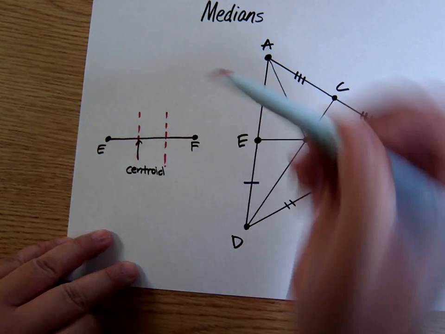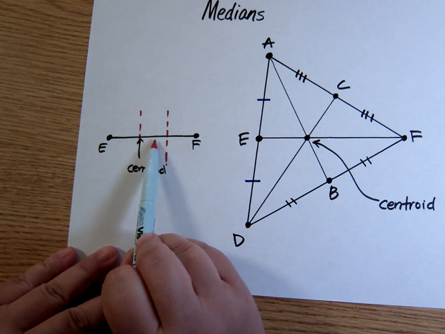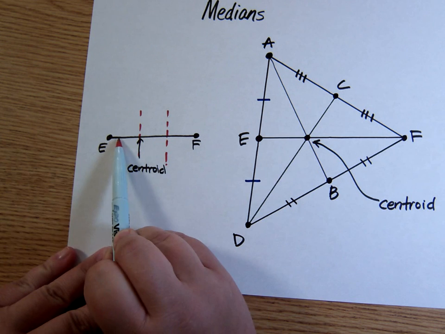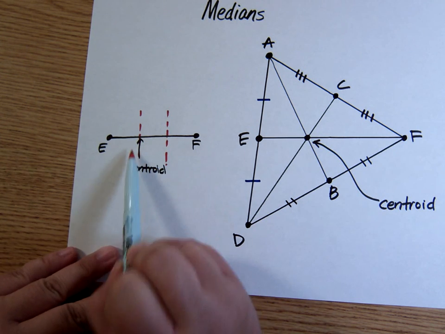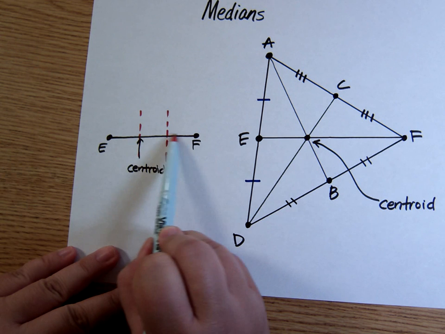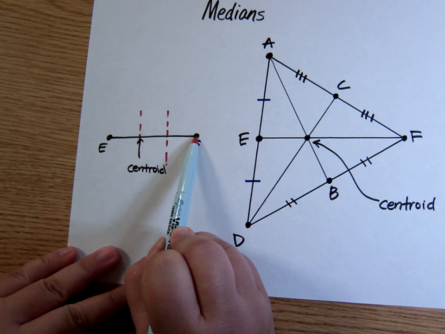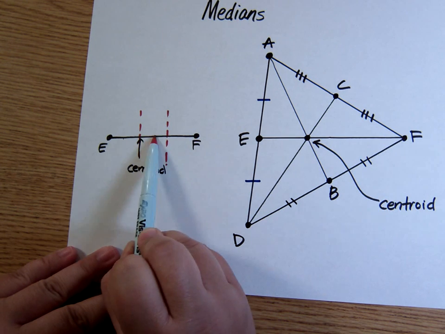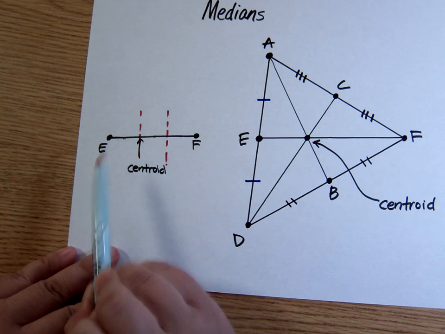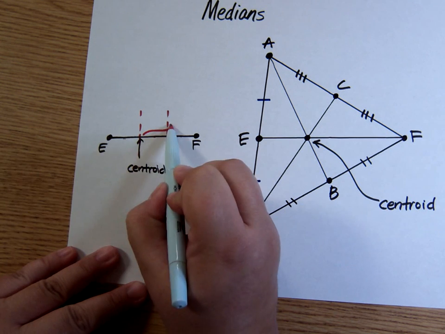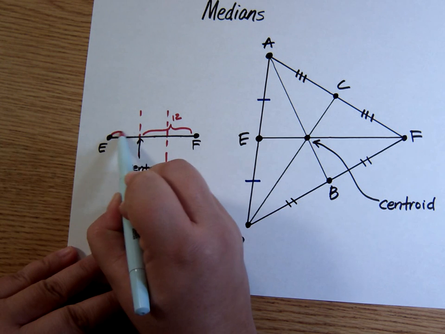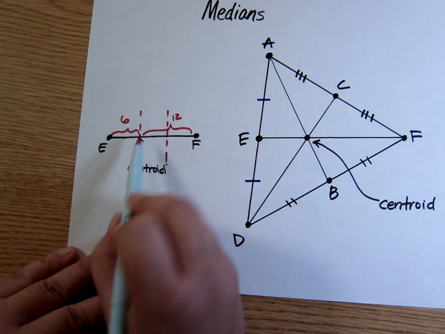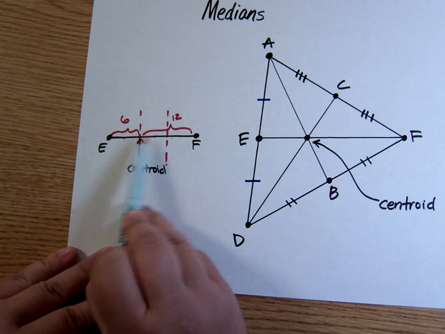If I divide that into 3 pieces, 2 of the pieces are on the long side and 1 piece is over here. So that tells me that, for instance, if the whole thing was 18, I would divide by 3 to see what each of these pieces is. They'd each be 6. That would also mean that this side over here would be 6 twice, which is 12, and this part would be 6. So this side is always going to be twice as big as this side.